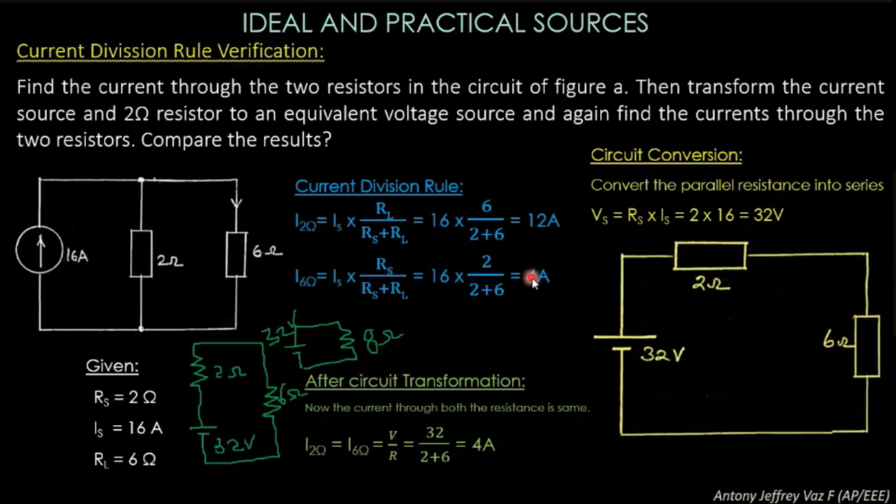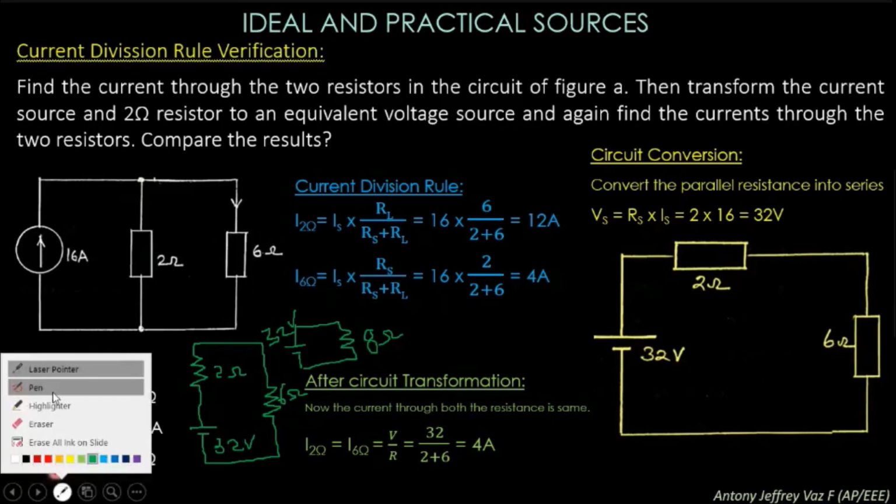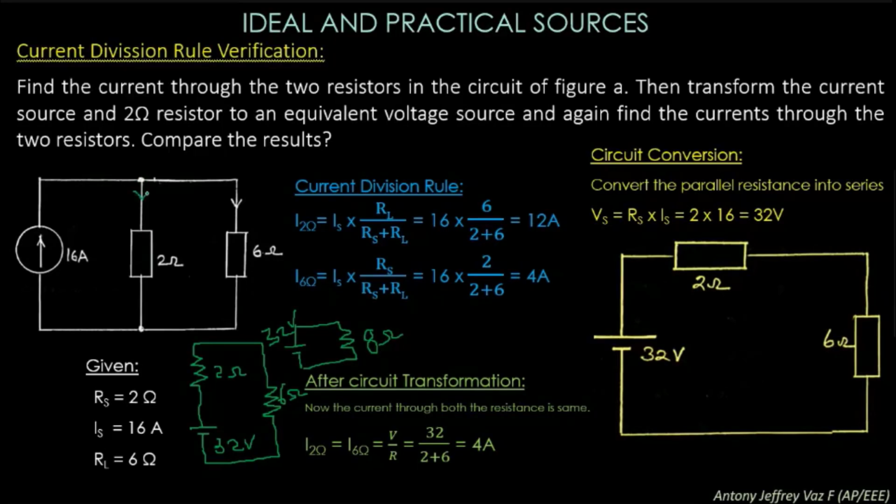So the representation of this is, in the current source you can see the current I, this is the source current which is flowing over here. When coming to this point, the current gets divided into two branches. You can see we have two branches of current, one is here, the other one is here.